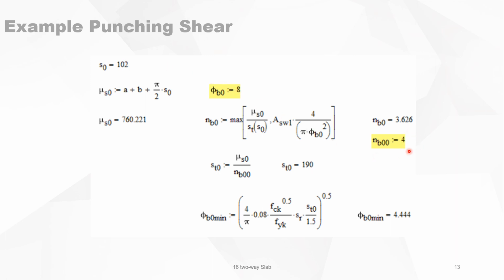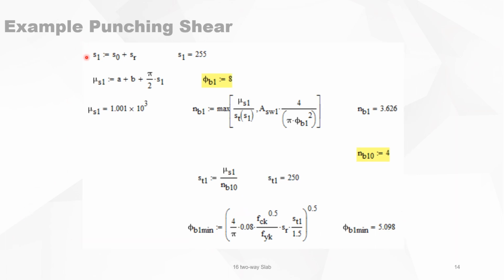We got 4 diameters 8 with a center-to-center distance of 180 millimeters. This is not all. Now we have to check the minimum diameter of reinforcement used. It must fulfill this equation, and it should be at least 4.4 millimeters. So that's no problem because we have 8, which is bigger than 4.4.